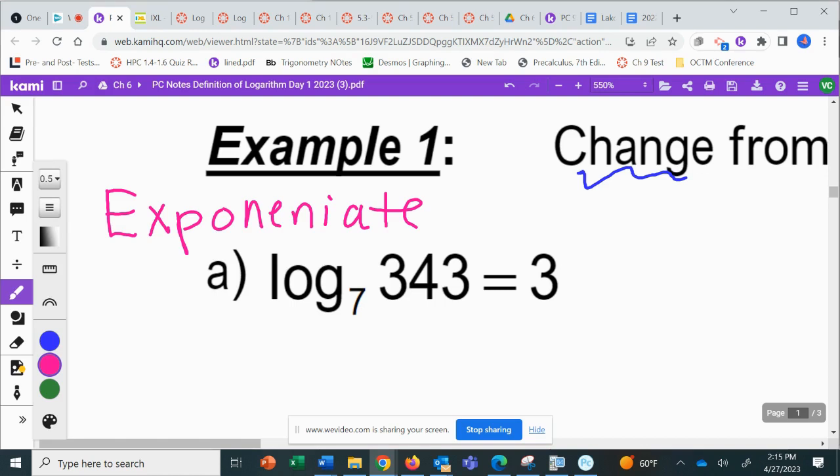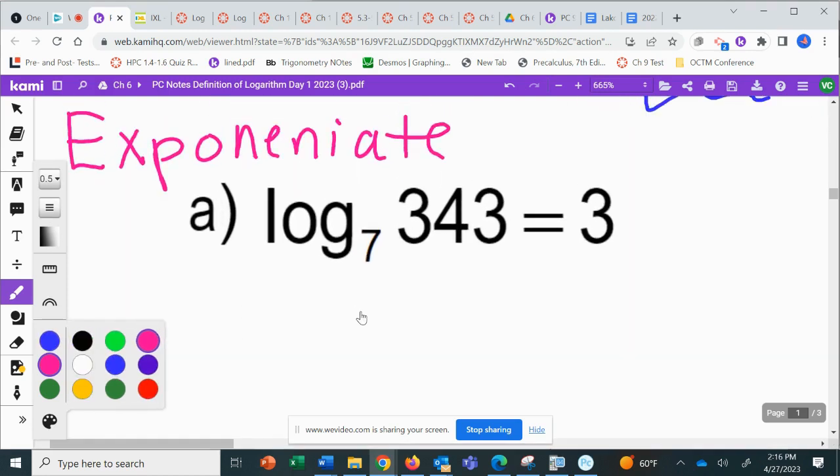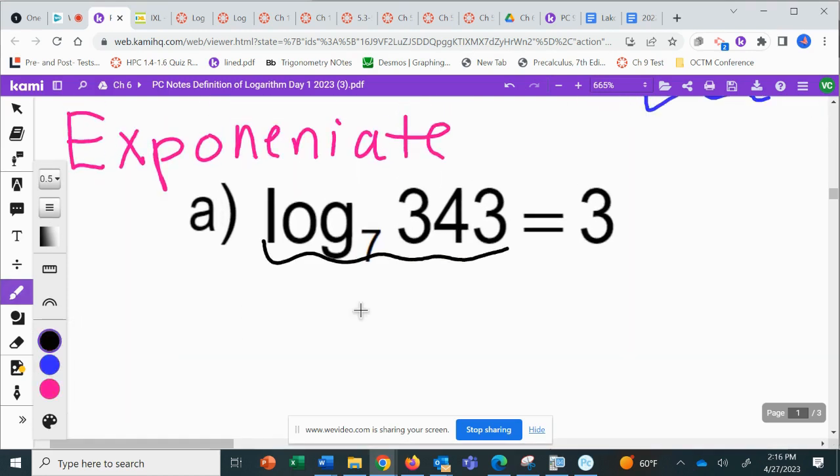So I see a log with a base of 7. What is a log base 7 the inverse of? A big 7 with an exponent, okay? The log's already there though, so I need to give it the big 7. So what I do when I exponentiate is both of these sides become exponents, both sides of the equal sign.